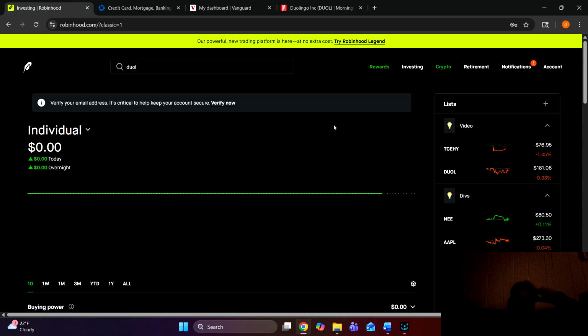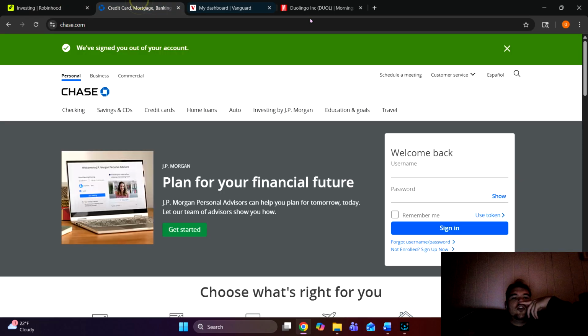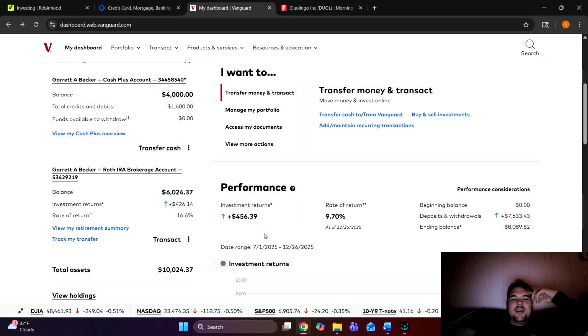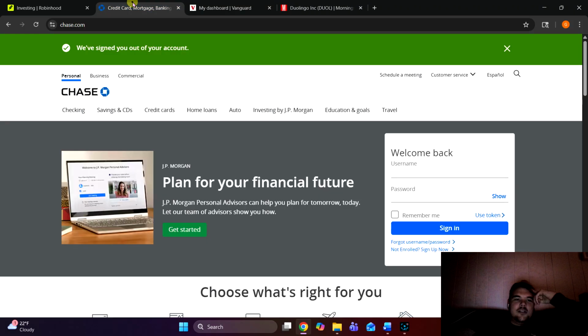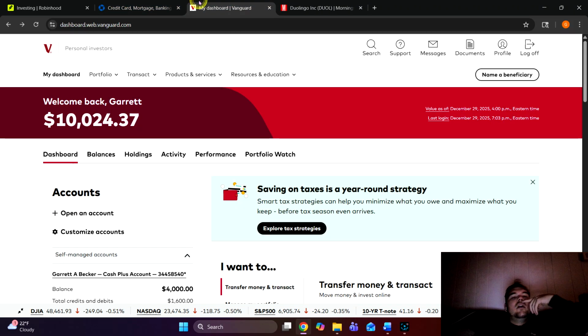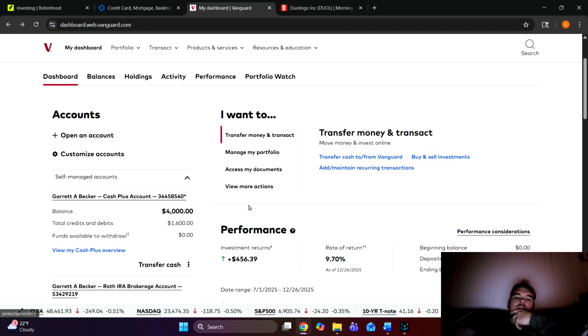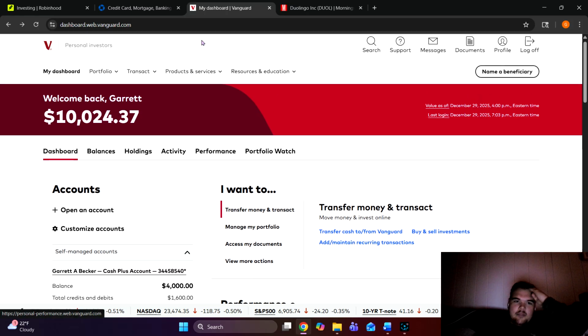It just looks a little bit different because they've got to seem a little bit different. So that's how to go about getting set up with your brokerage, and also executing trades and adding funds to your account.